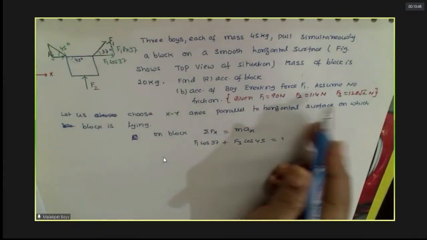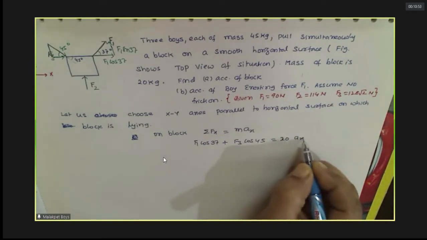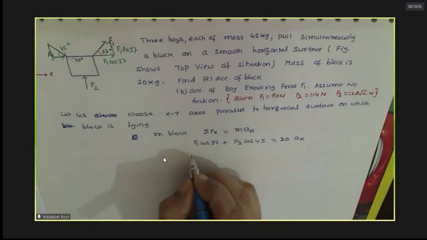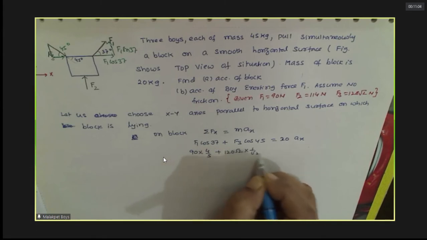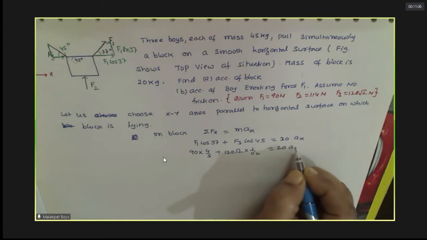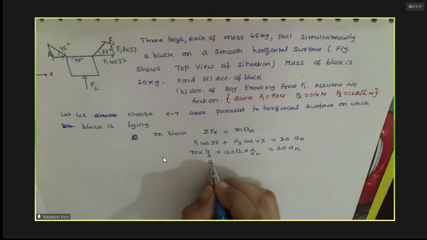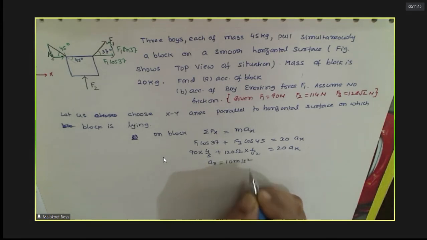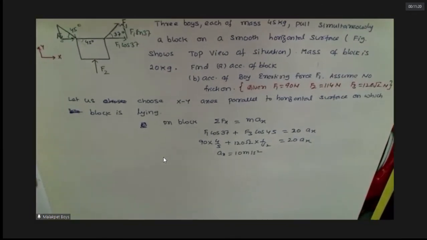Mass of the block is 20 kg into acceleration. F1 is 90 into 4 by 5, F3 is 128 root 2 into 1 by root 2. Do you agree? Upon simplifying, you will get 10 meter per second square. Is it clear? Yes, sir.